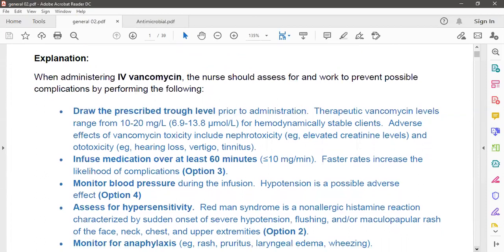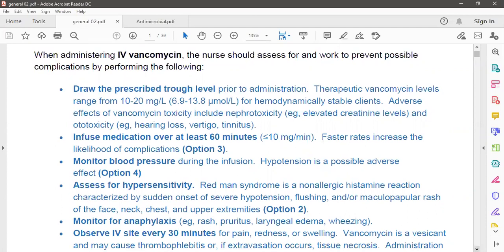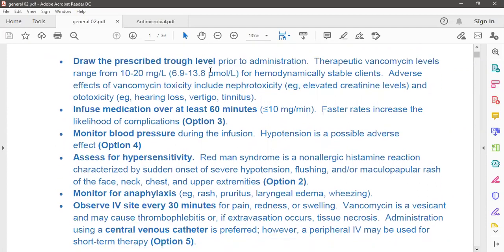When administering IV vancomycin, the nurse should assess and work to prevent possible complications. That means monitoring the blood level of vancomycin, the therapeutic level or therapeutic index. The vancomycin level range is 10 to 20 milligrams. This 10 to 20 is the therapeutic index or therapeutic level. So what does it mean?